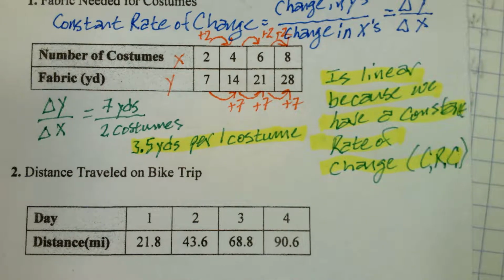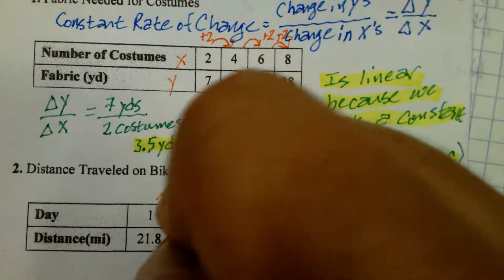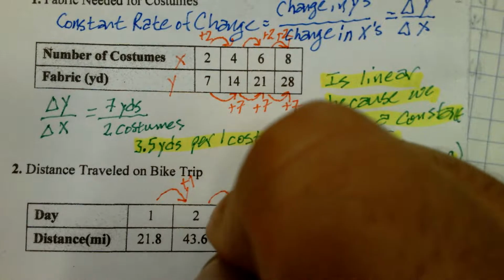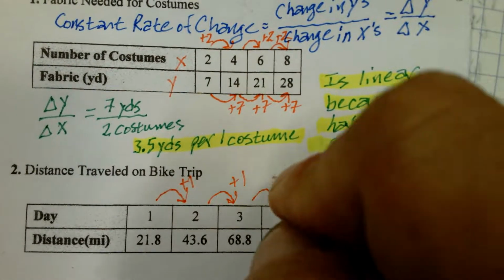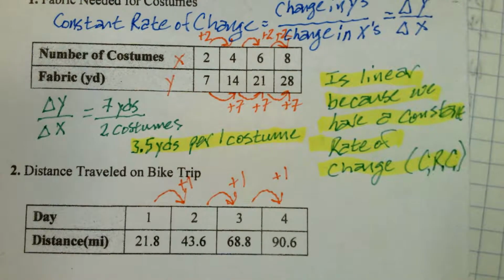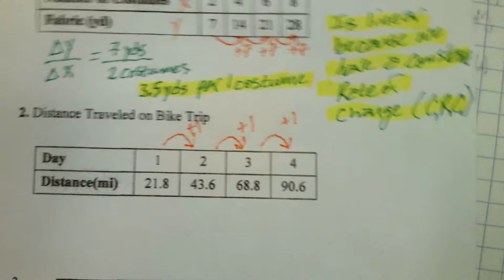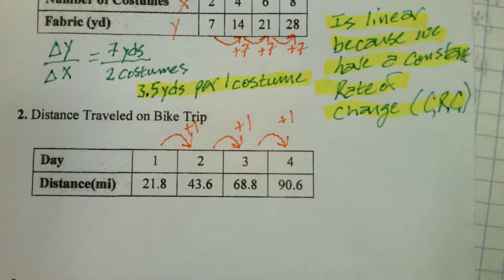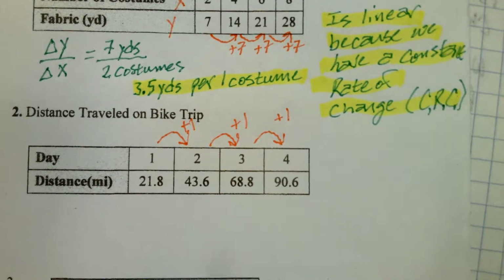All right, so let's work on this one. So obviously the change here is by 1. Let's figure out the change in the y values. It looks like it's increasing each time, but let's see if it's constant.